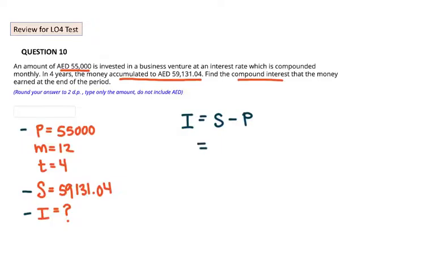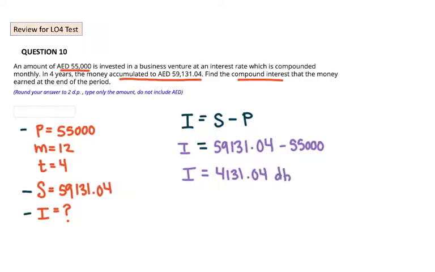So we just plug in the numbers we have. 59,131.04 minus 55,000, and we will get the interest that we earned is 4,131.04 dirhams.